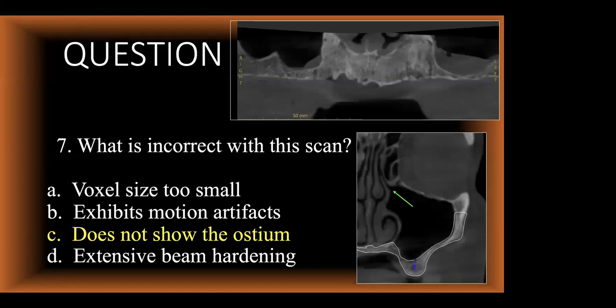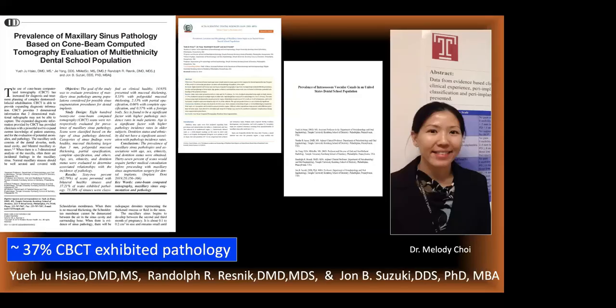So if this scan would have been taken up high enough, the ENT would have looked at this and verified that it was open. If it was open, they would most likely treat this patient with an antibiotic. If it was not patent and closed, they would schedule the patient and go in endoscopically through the nose and clean out the ostium in conjunction with antibiotics. So again, get those scans higher so that doesn't happen.